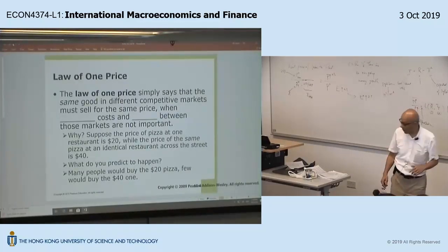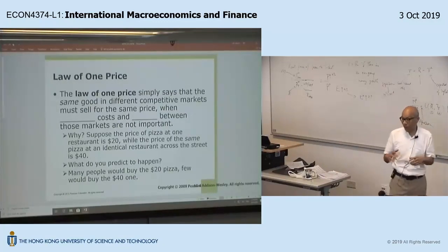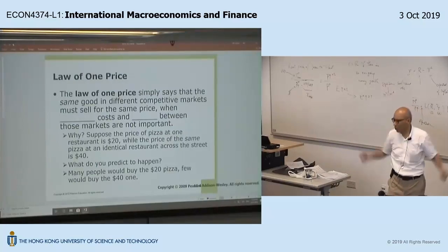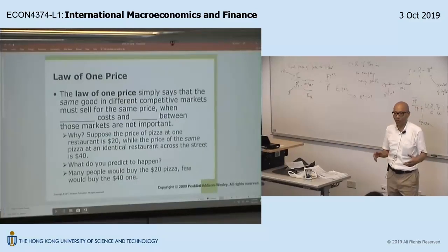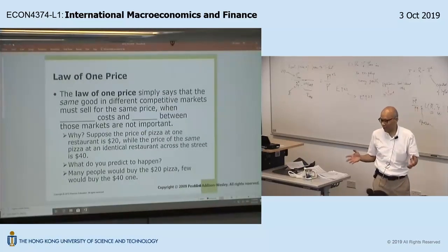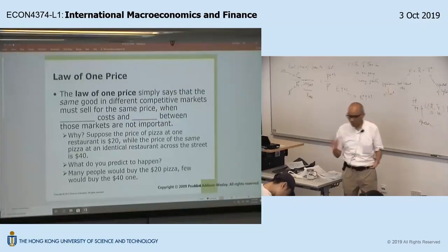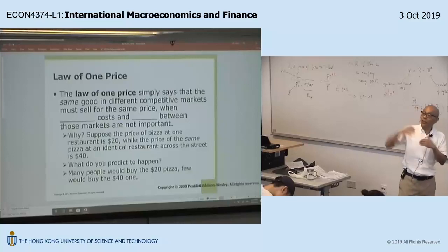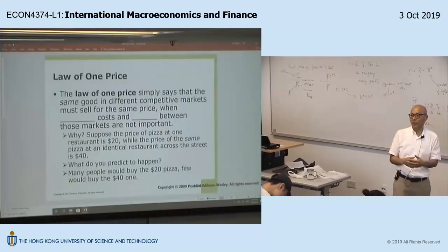A good example is if you have two shops just across the street, or next to each other, in the same country, then you expect the prices of the same good to be almost exactly the same, because consumers will know the difference, right? If you're across countries, then it's a little bit more complicated because you have a transport cost.